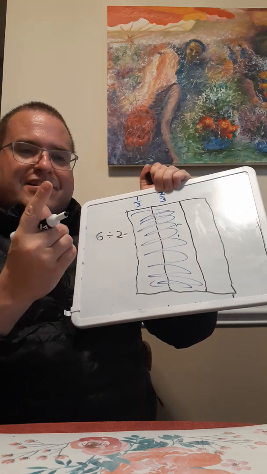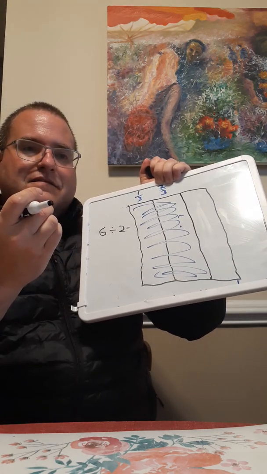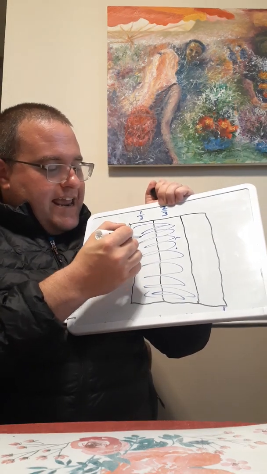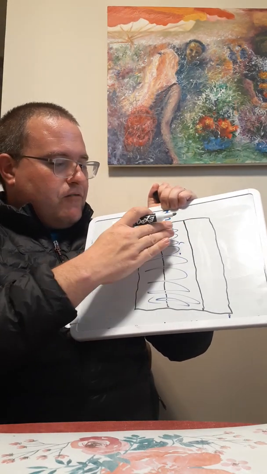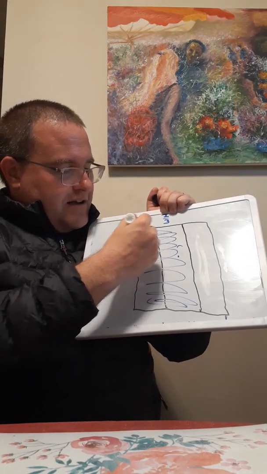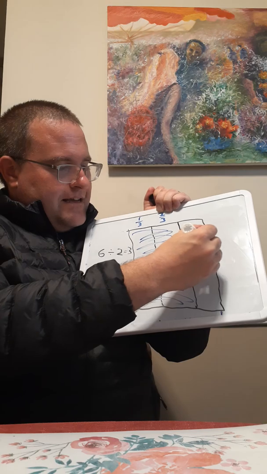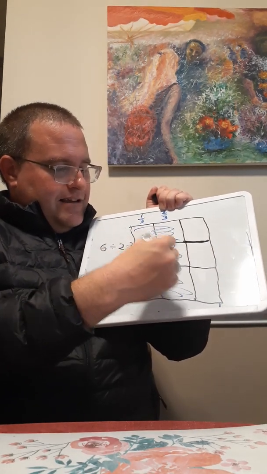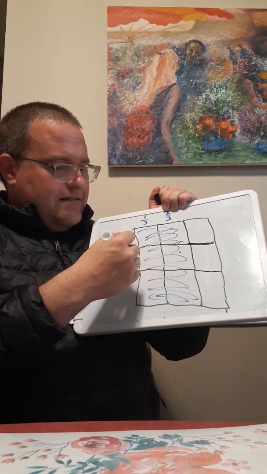So 6 divided by 2 is, think a moment, 3. We need 3 rows of brownies to break this into 6 parts. So let's do it. I'll have 1 row up here, make a line. I'll have another row here, make a line. I'll have another row here, make a line.